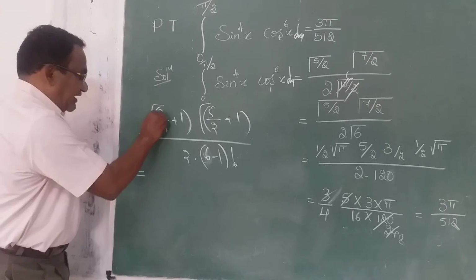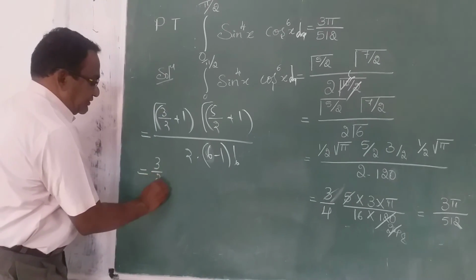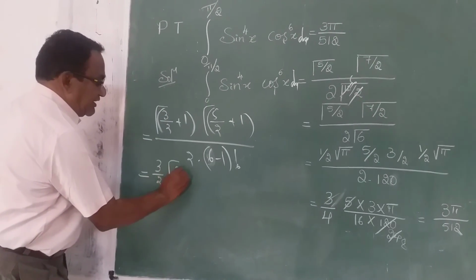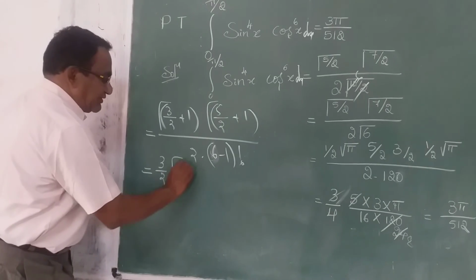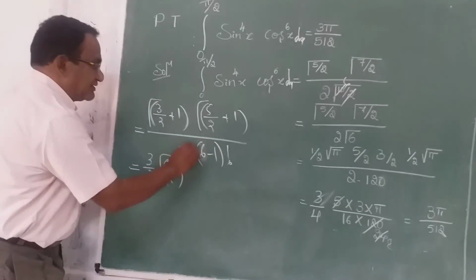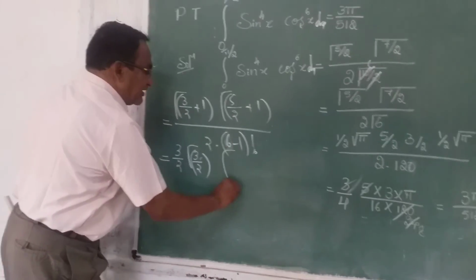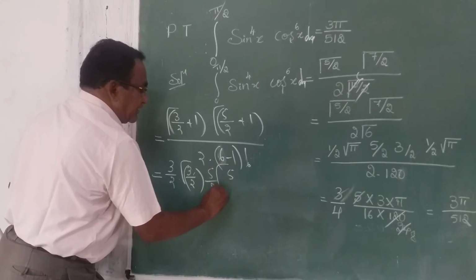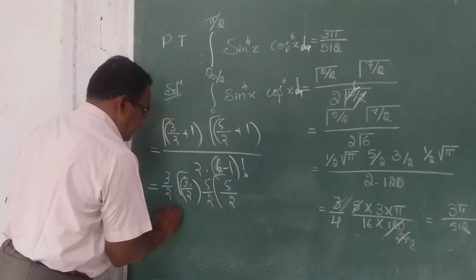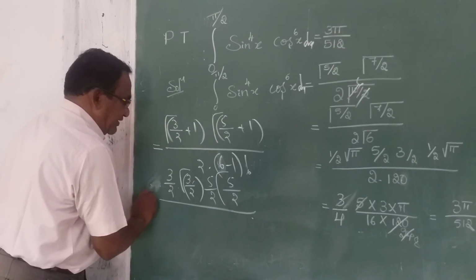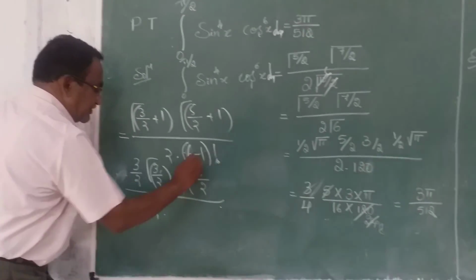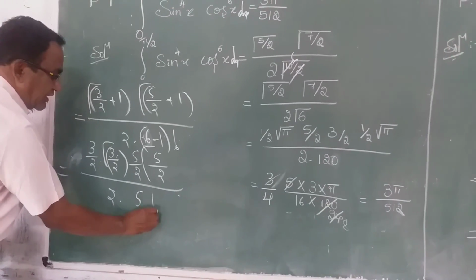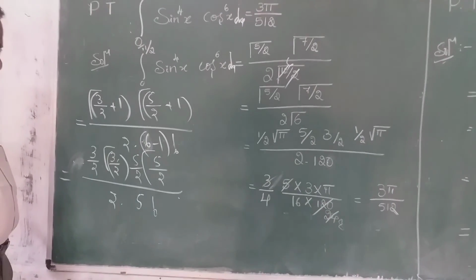N into gamma n. N means 3 by 2 into gamma n, which is gamma 3 by 2. Next, gamma 5 by 2. Similarly, it is gamma 5 by 2 into gamma 5 by 2 divided by 2 into 6 minus 1 factorial, which is 5 factorial.